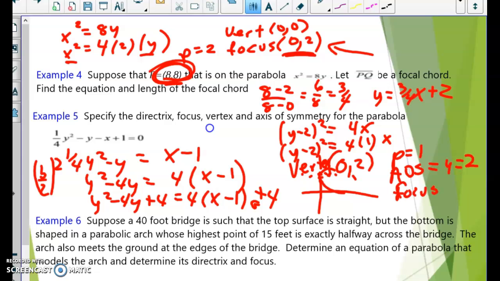Focus is going to be at the point (1, 2). And my directrix, one last thing, is going to be 1 going that way, so that's going to be an x equals -1 equation. All right, that was good.